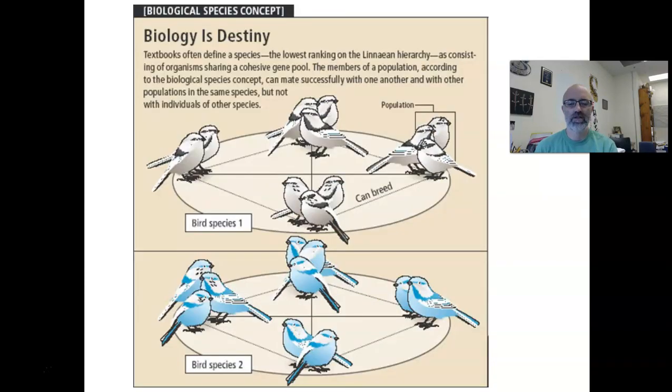Okay, so we said the importance of having a standard unit is that it allows us to make sense of the chaos. It allows us to have a starting point, a reference point, so that when we find new diversity, we can compare it against something.